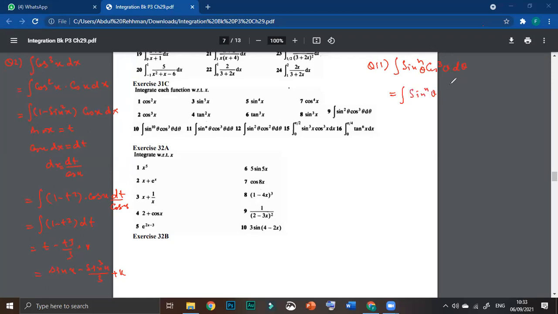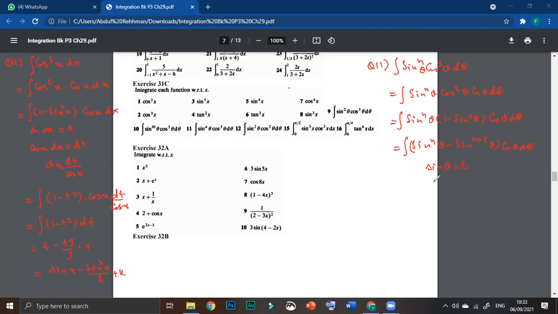I will write cos cube theta as cos square theta into cos theta d theta. Sin n theta, 1 minus sin square theta into cos theta d theta. So sin n theta minus sin n plus 2 theta into cos theta. Which method will we use to solve this integral?